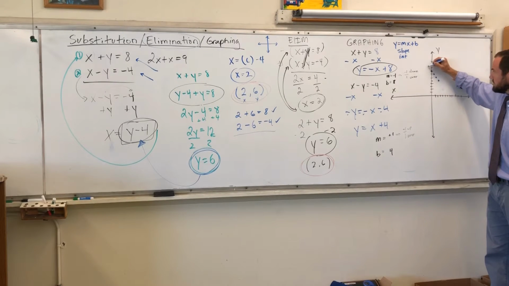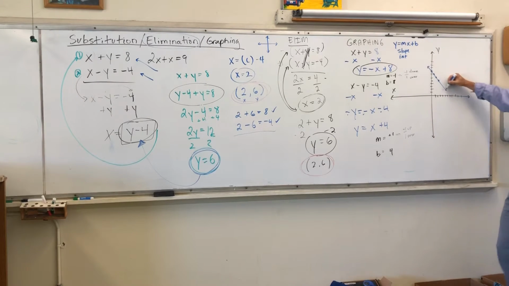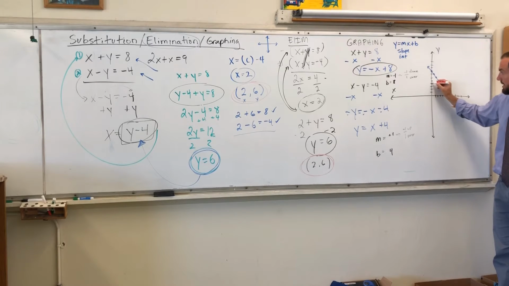When I'm graphing, I like to use at least 3 or 4 points if I'm using a slope, because it just gives me a much more accurate line. It kind of helps me guide myself to make a good line here. And then I'm going up 4, here's my y-intercept 4. I'm going up 1 over 1, up 1 over 1, up 1 over 1.